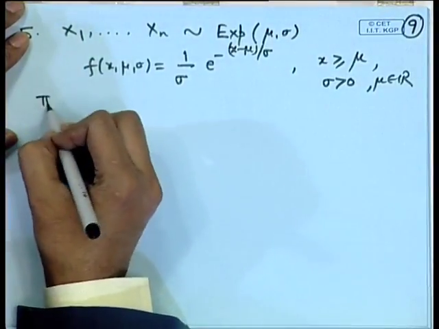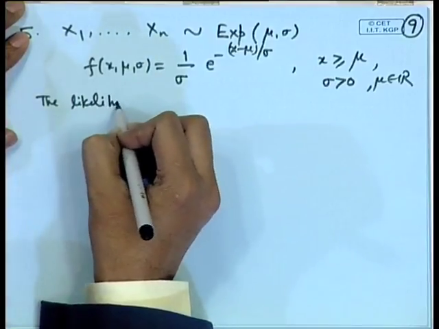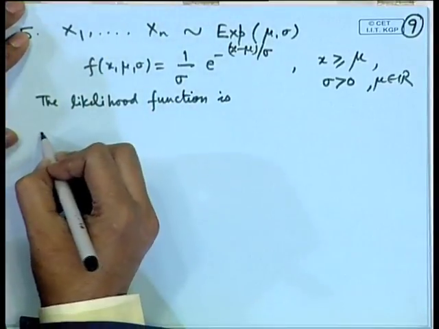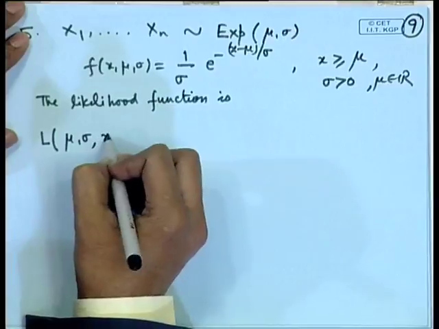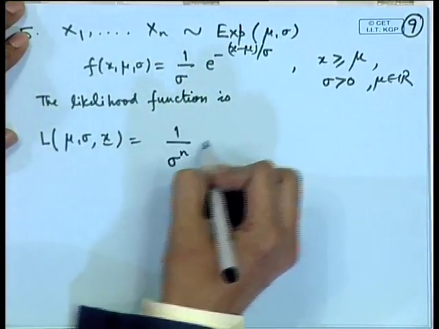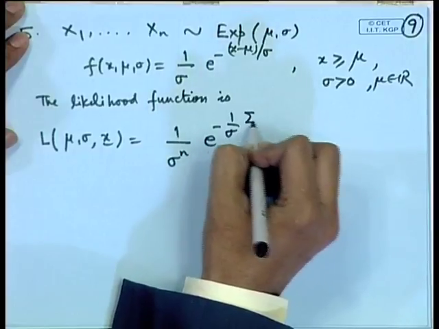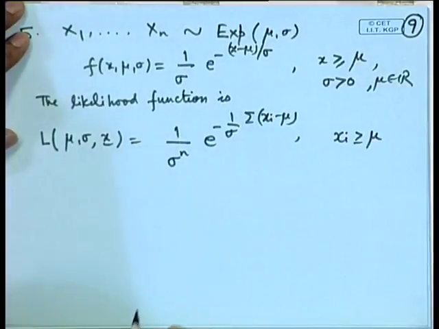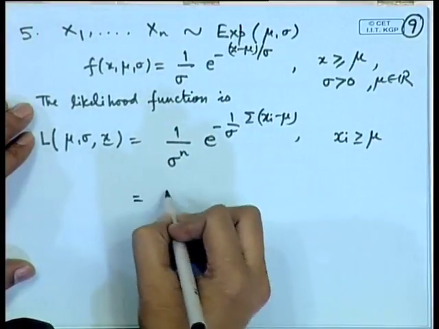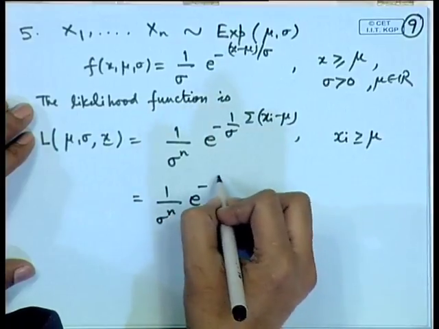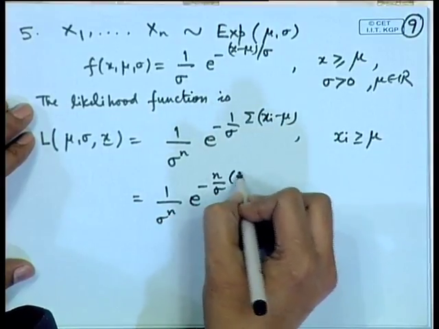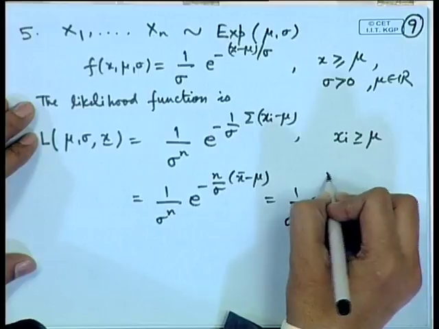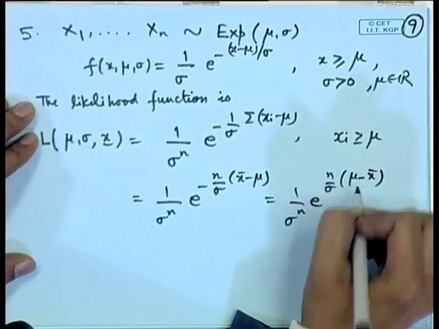The likelihood function will be 1 by sigma to the power n e to the power minus 1 by sigma sum of x i minus mu, each x i greater than or equal to mu, which we can write as 1 by sigma to the power n e to the power minus n by sigma x bar minus mu, or 1 by sigma to the power n e to the power n by sigma mu minus x bar.